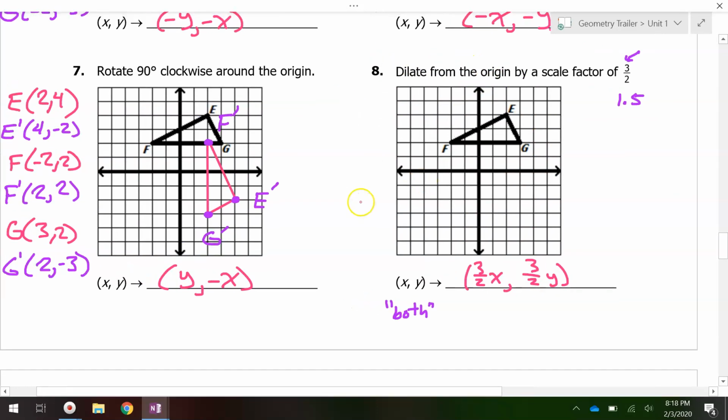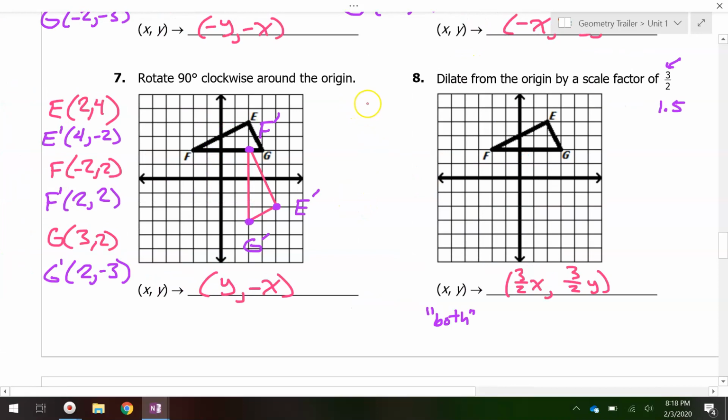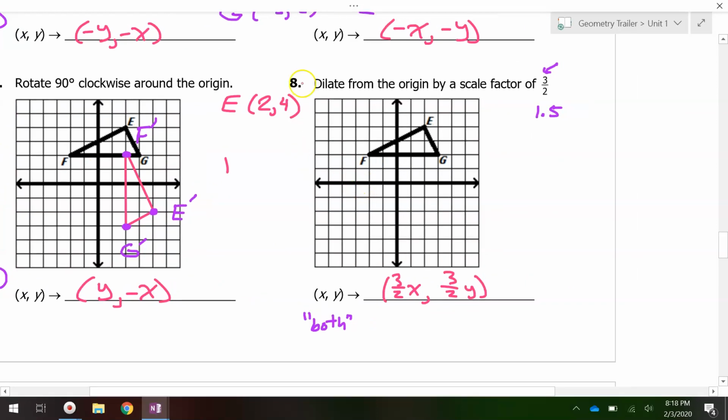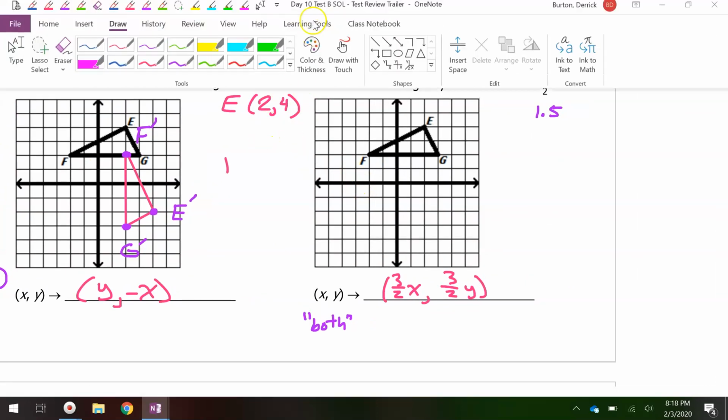So again, I'm going to start off with the original points that we've been doing this whole time. So point E is 2, 4, and point F. All right, I feel like I'm going to need more space this time. I'm going to leave space under each one of these.